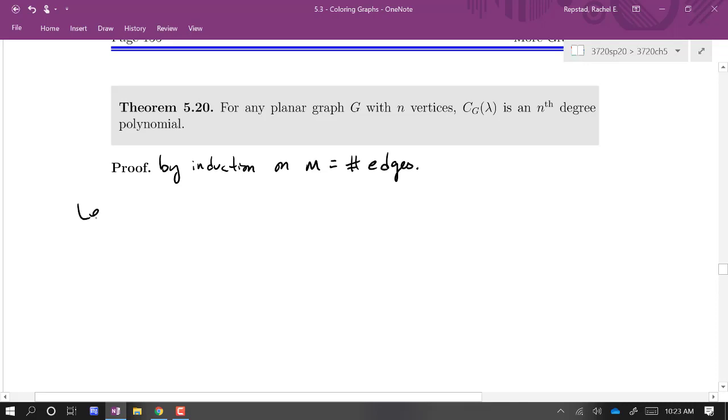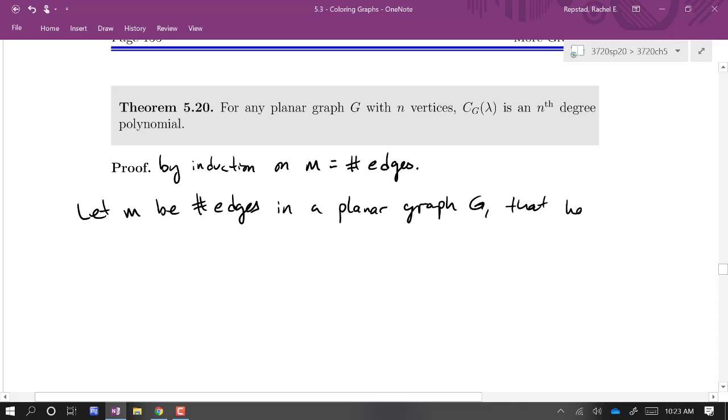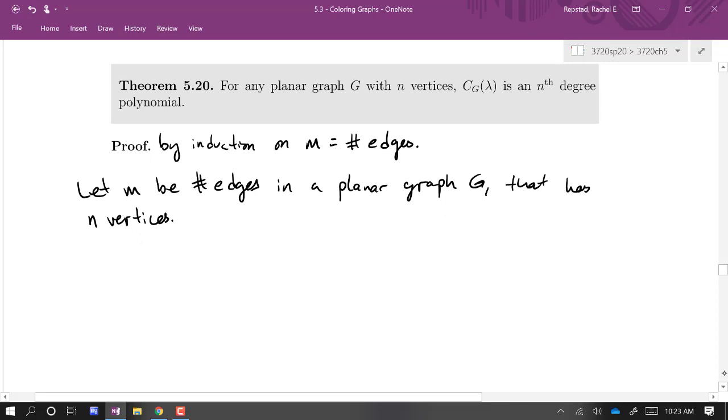So let's let m be the number of edges in a planar graph that has n vertices. So our base case would be if there are no edges.